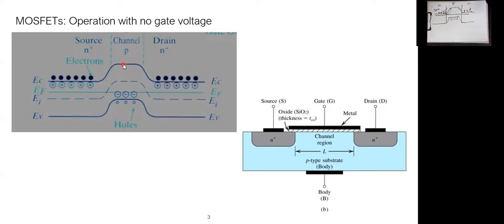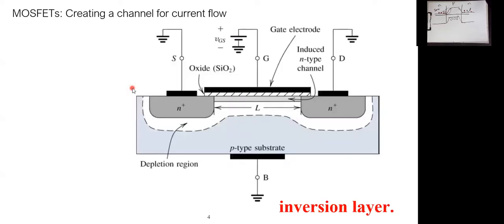How can we make this push? Let's see. The first step in order to make your MOSFET conduct is to have a voltage on the gate. This voltage should act to push the energy band diagram downward.